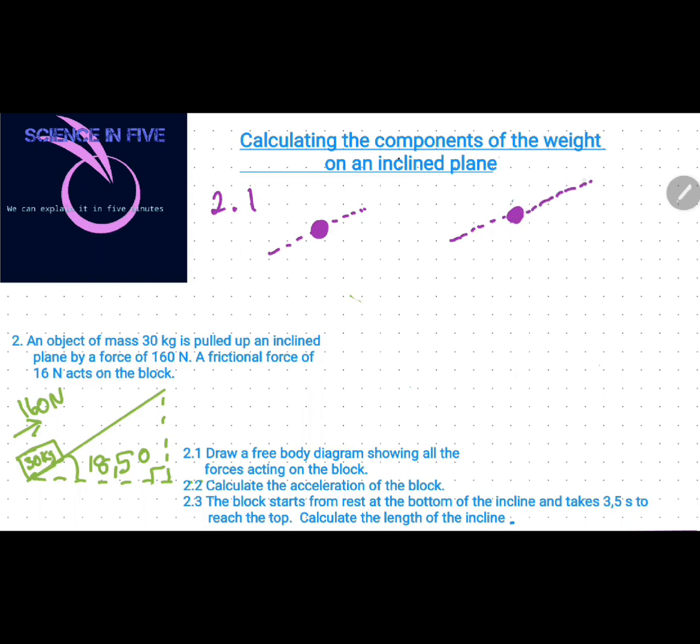The first type is the one that doesn't have components. So I'll have the weight, Fg, acting downwards. Then I'll have the 160 newton force going up the incline. Then I'll have the 16 newtons friction pulling the object down.